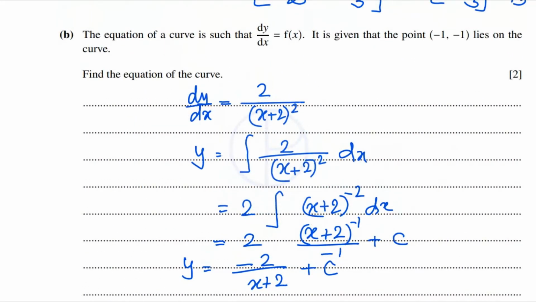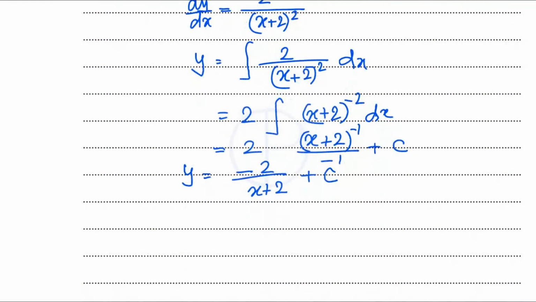It passes through the point negative 1 comma negative 1. Negative 1 comma negative 1 lies on the curve, so it will satisfy this equation. So y is negative 1, x is negative 1, so negative 1 plus 2, plus c. What is the value of c?